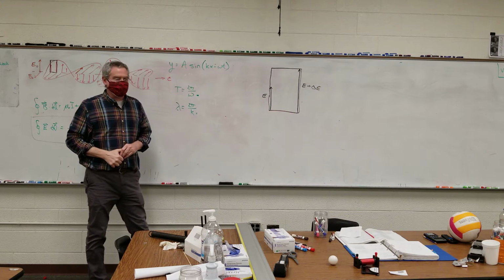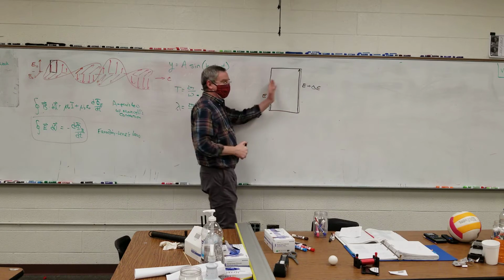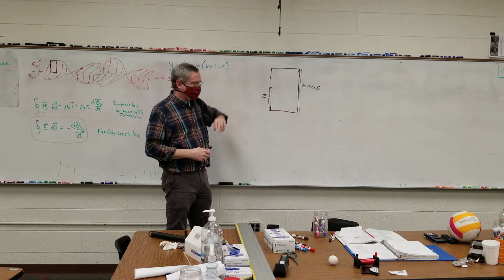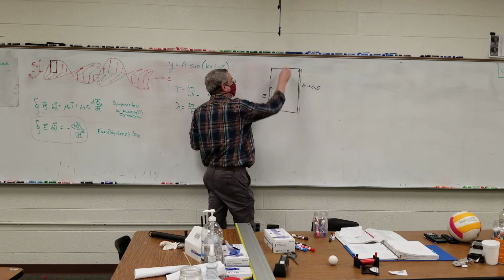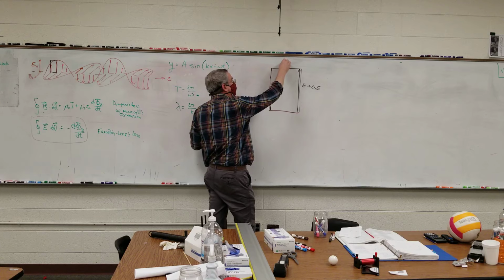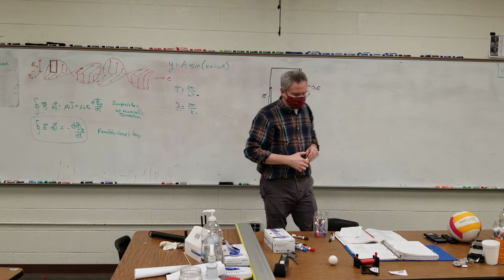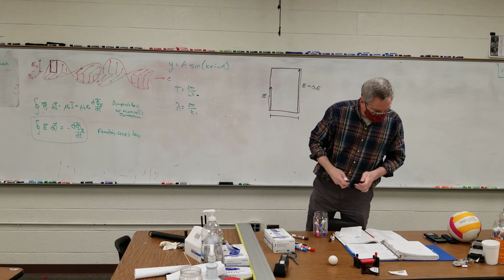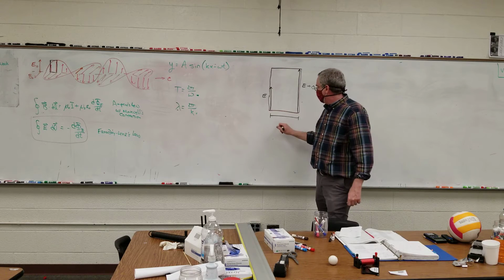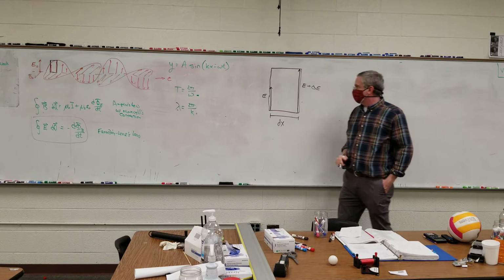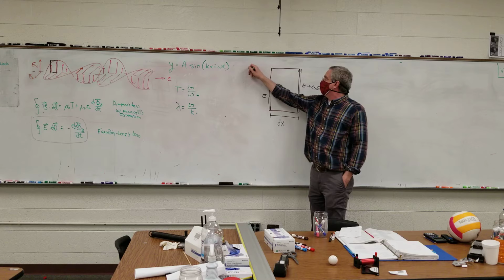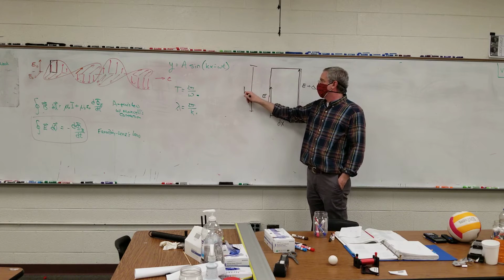There's a difference between these two electric fields. There are electric fields in between, but I don't really care about those, and we'll get to why in just a second. This change right here is dx, and the height here we'll just say is h.